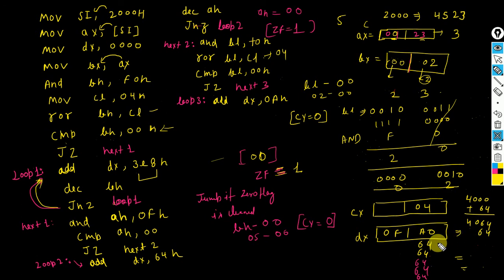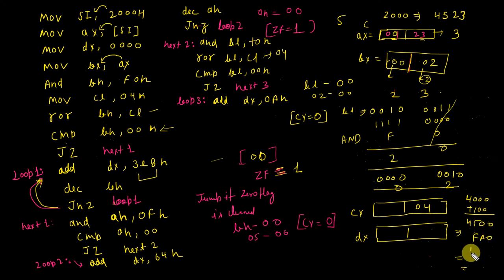In this case the present value of DX is 64 added 5 times to 100, so the present value of DX register in decimal form is 4500, and 4500 written in hexadecimal is the addition of FA0 and 1F4.